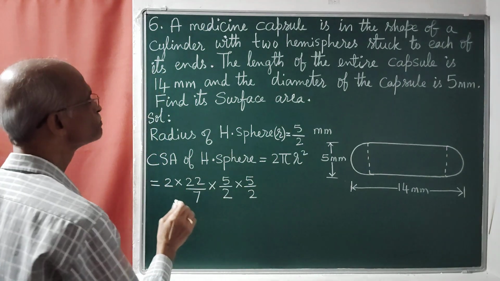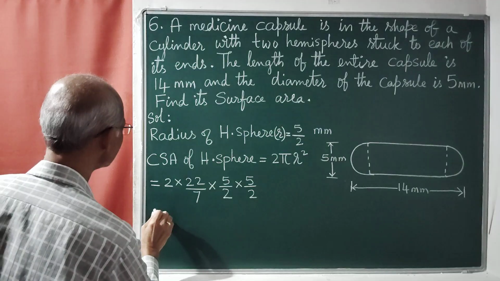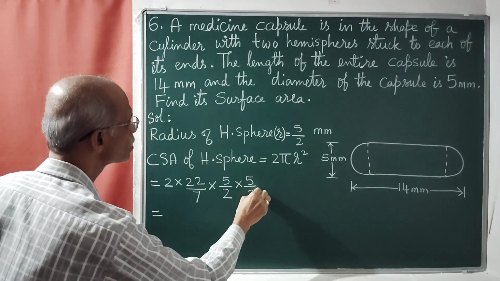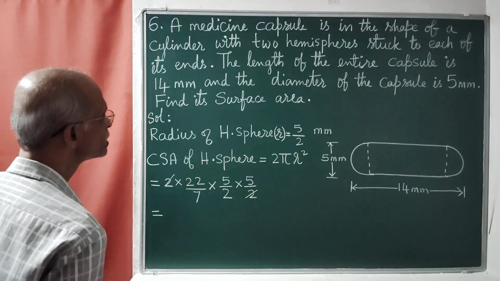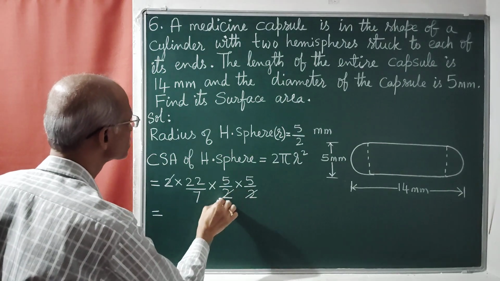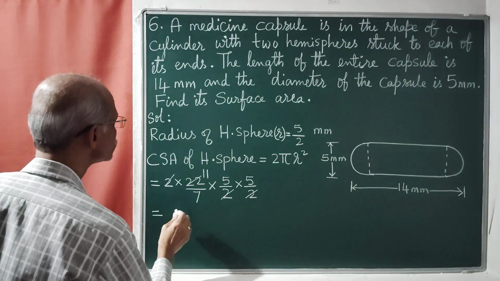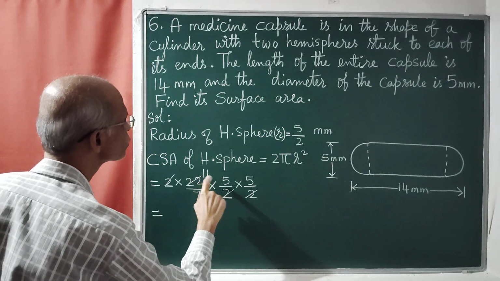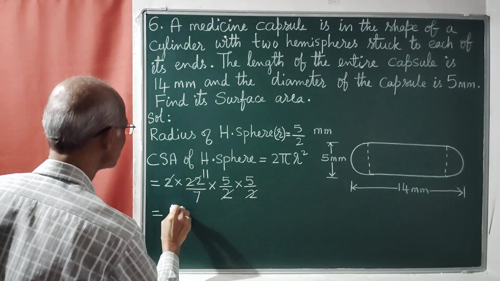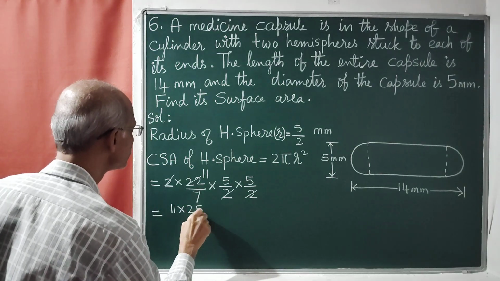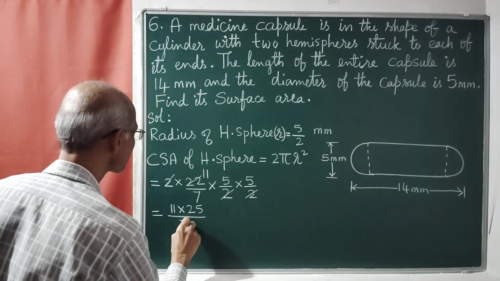So what we will get? This 2 will get cut off. One 2 will get cut off here. This 2 can divide it, 2 elevens are 22. We will get 11 into 5 into 5. That is 11 into 25 divided by 7.